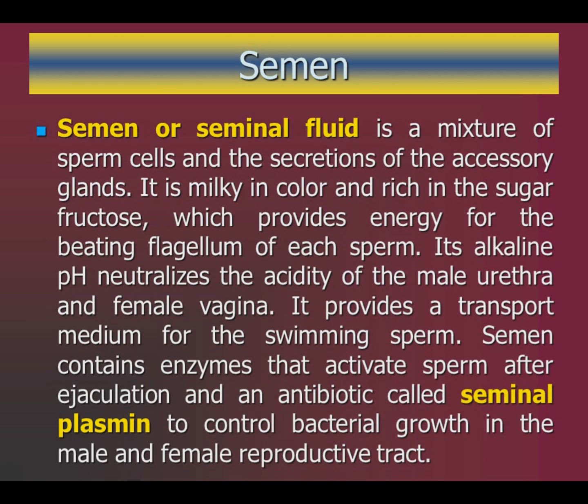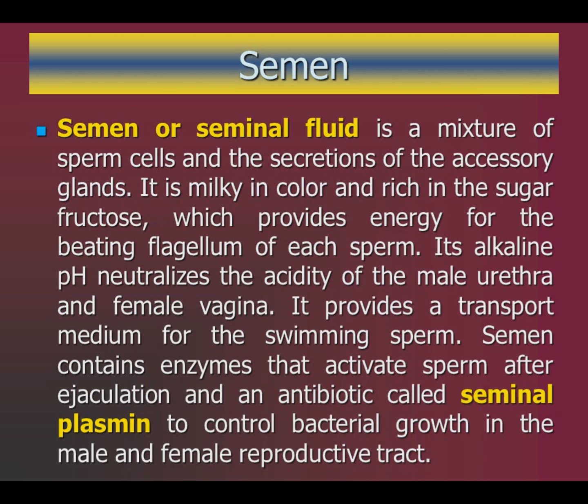The average volume of semen per ejaculation is 2.5 to 6 milliliters, and the average range of spermatozoa ejaculated is 50 to 100 million/milliliters. If the number of spermatozoa falls below 20 million/milliliters, the man is considered to be sterile. Semen contains enzymes that activate sperm after ejaculation.